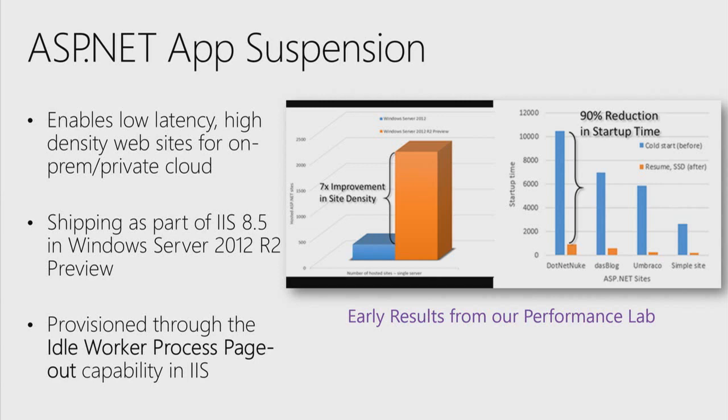And this is the ability where if you are, for example, hosting multiple websites on a server, when any of those websites aren't being used for a certain period of time, and you can certainly configure what that period of time is, then with the ASP.NET App Suspension feature, the application will essentially get saved out to the disk in a ready-to-go state.